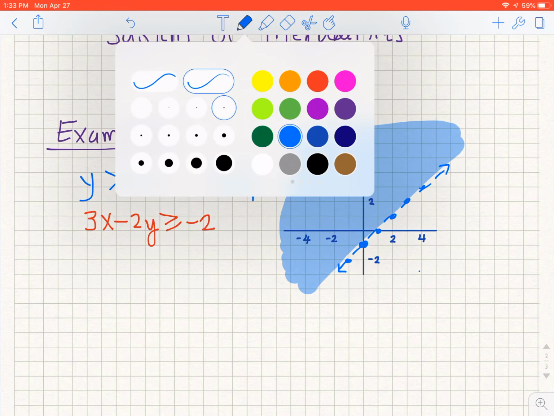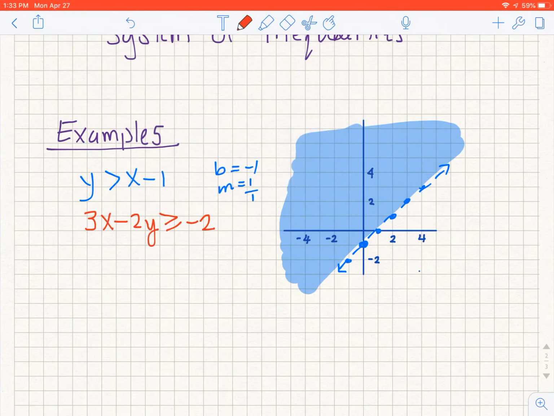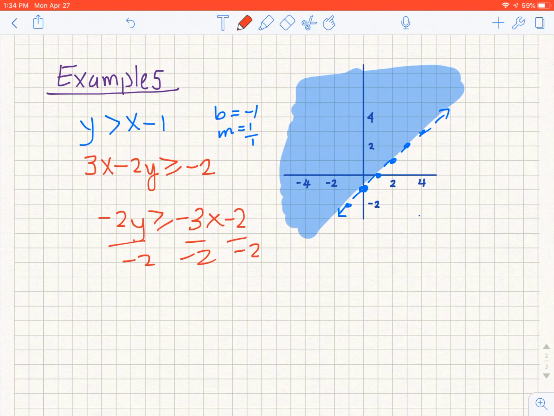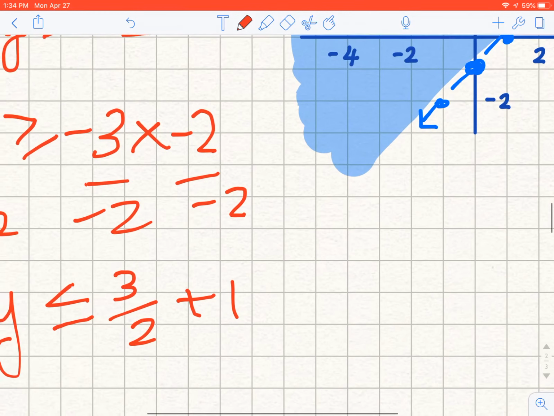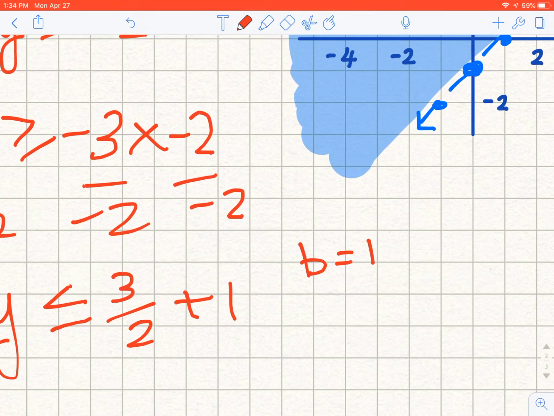And now for the red graph, I'm going to have to do a little bit of work. I'm going to subtract 3x, so -2y is greater than or equal to -3x minus 2. Then I'm going to divide by -2. Remember, when we divide by a negative, we got to switch the inequality. So y is less than or equal to 3 over 2 x plus 1. So now I'm going to start at 1. That's my b. B is 1, and my slope is 3 over 2.